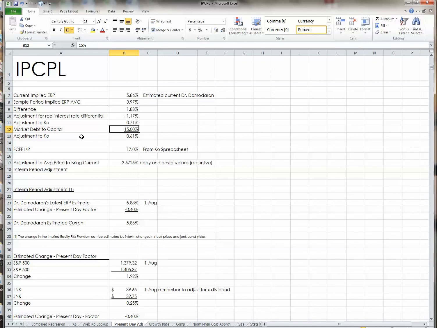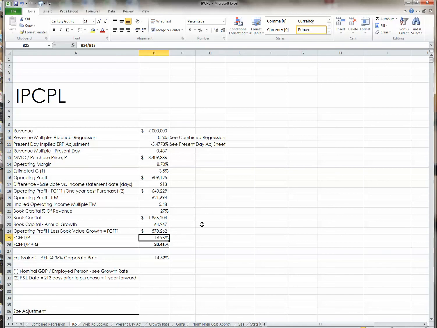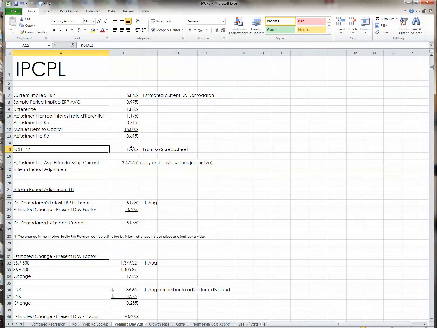Then we're doing cost of capital, so we have to factor out the effect of debt, which gets us a 0.61% change, and that as a percentage of the ratio on the real interest rate in the model here, this rate is minus 3.5%. So that's how we do it.